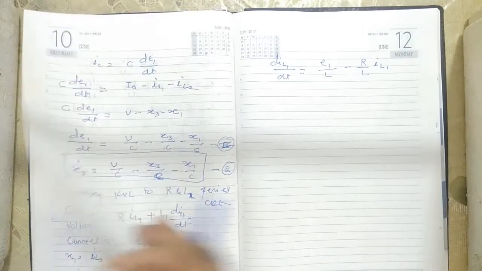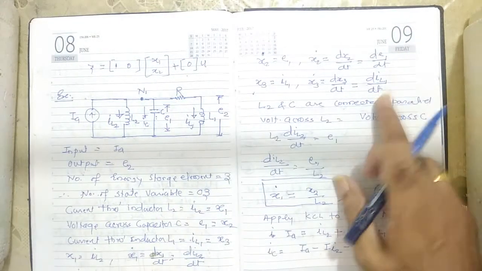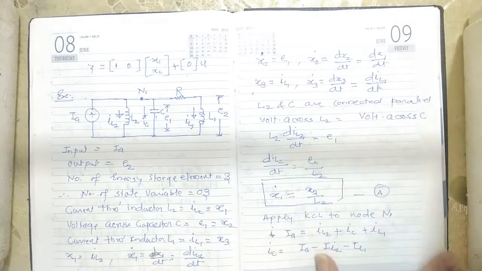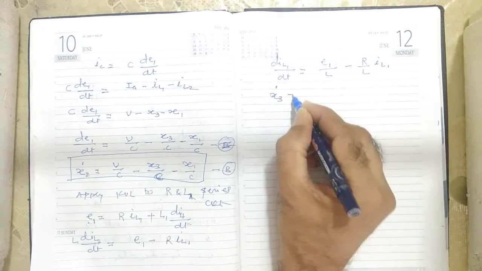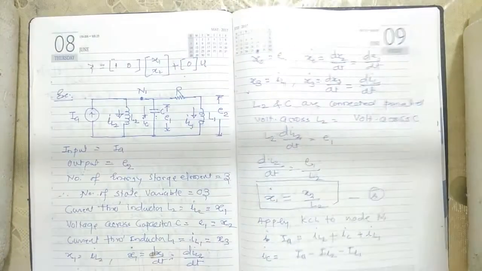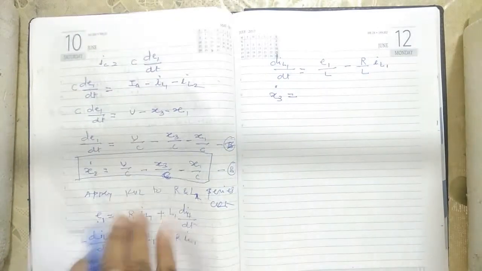Now see here, diL1 by dt is nothing but x3 dot. So we will put x3 dot equals E1 by L minus R by L into IL1.